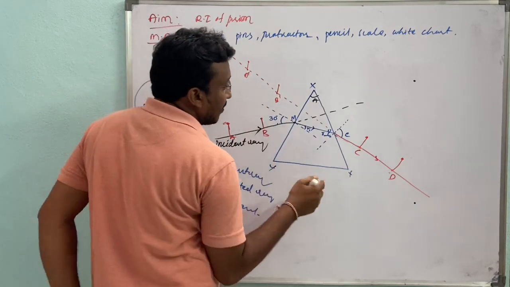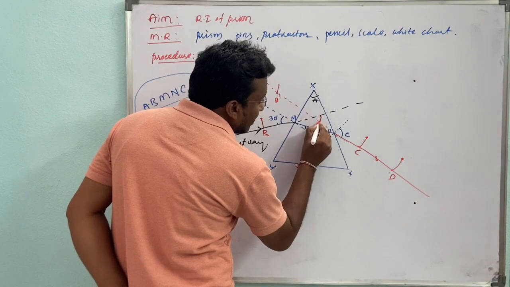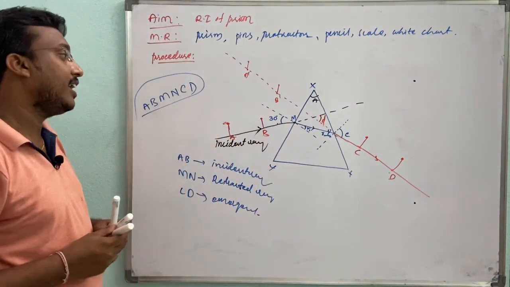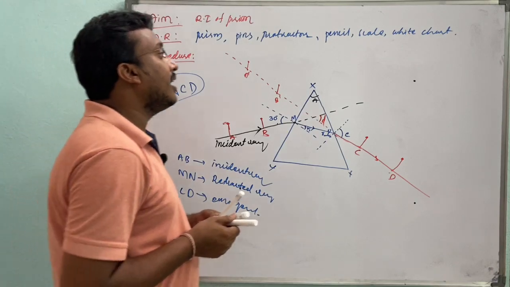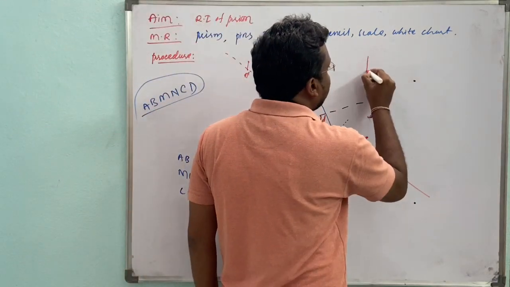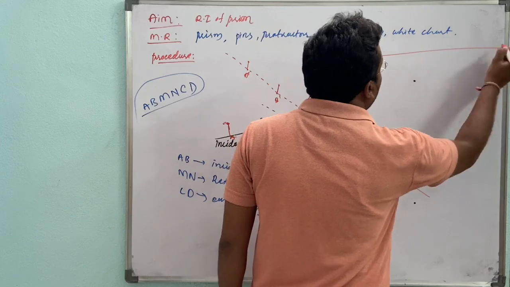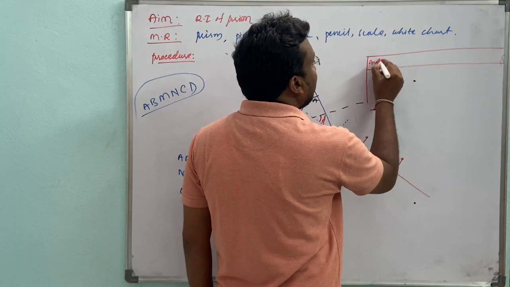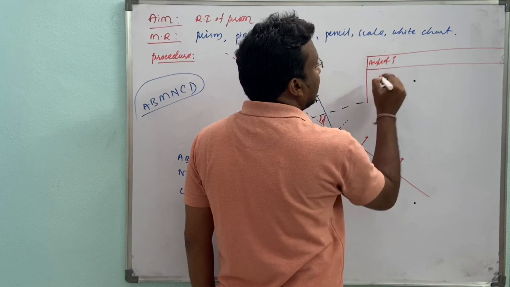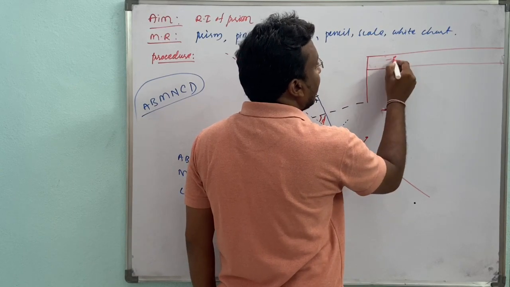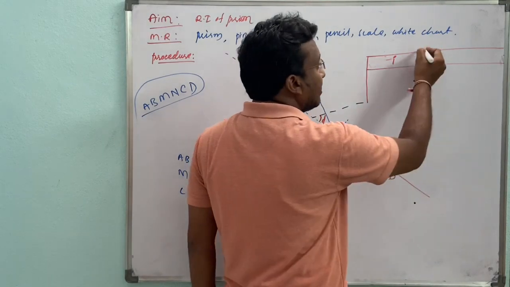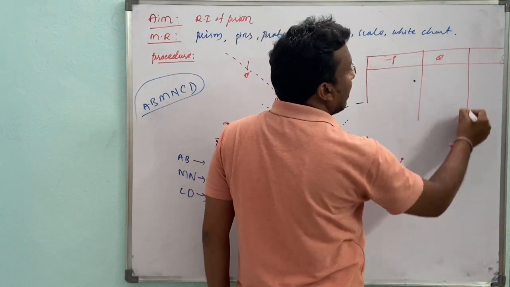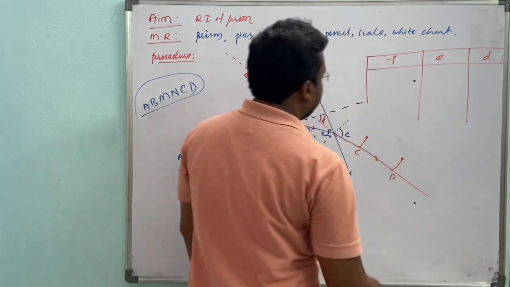That's why, right? Then this angle is called the angle of deviation. Right? And note down the observations. Right? Angle of incidence, or take directly i, angle of incidence, and emergent angle and angle of deviation.